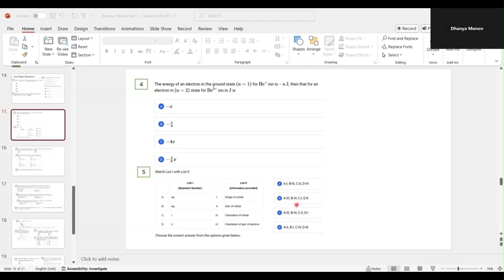This is your answer. So see, you have to know what each quantum number denotes, because they might ask it as a multiple choice question. Okay, so coming to the next one.